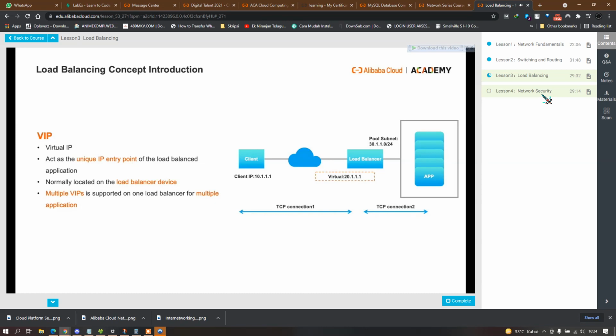We can see this is an obvious thing, because for one load balancer, most of the time it will not be responsible for only one application. Maybe on the back end there are several kinds of applications, like a web application and a business processing application, different kinds of application. So on the front end, we should provide different VIPs or virtual IPs for different application clusters. So this is how VIP works.